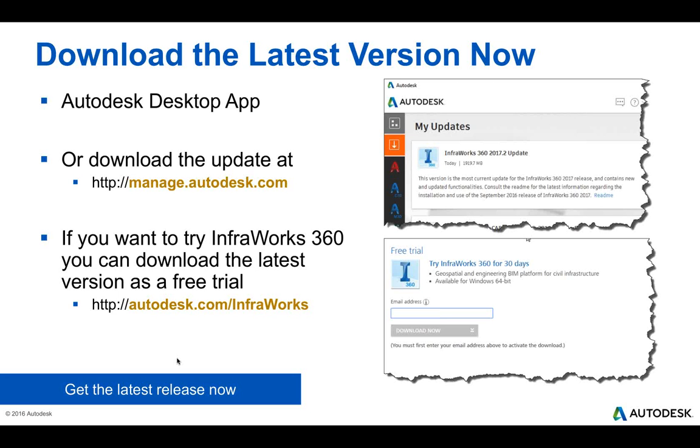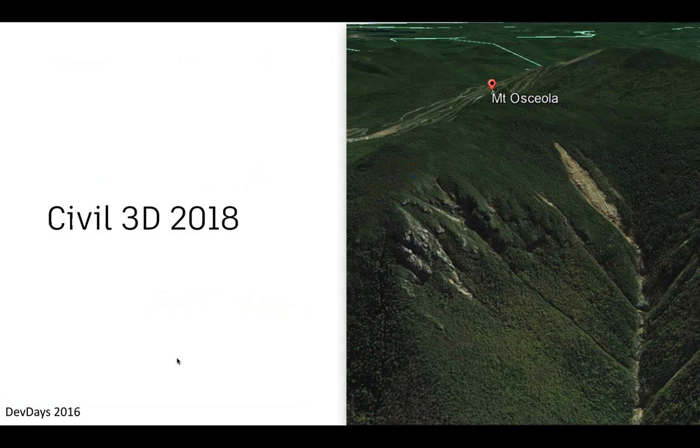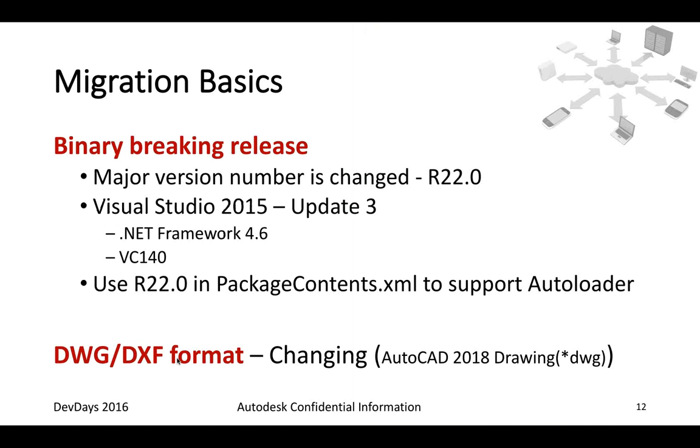Next is about Civil 3D 2018. That used to be called, they all have names of areas and mountains, Osceola, and now it's Civil 3D 2018. If you have any application that is running on Civil 3D 2017, to do the migration, we are doing a breaking release, so it will be R22, and we are using Visual Studio 2015 Update 3 with .NET 4.6, and the Visual Studio compiler is 14.